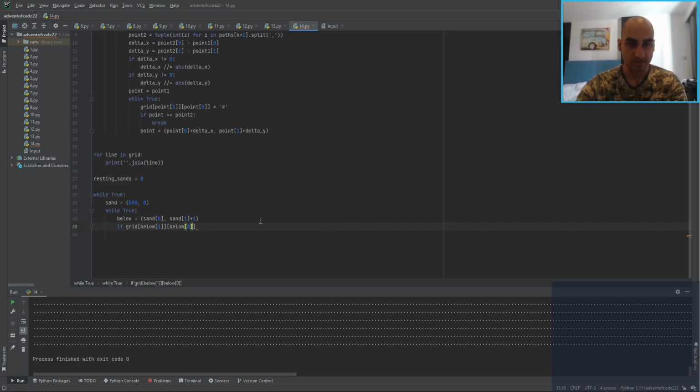But a hash map which has default values. Is equal to just an empty space. Then sand equals below. We move it one space down and we continue the loop.